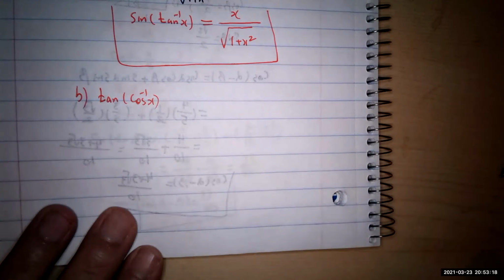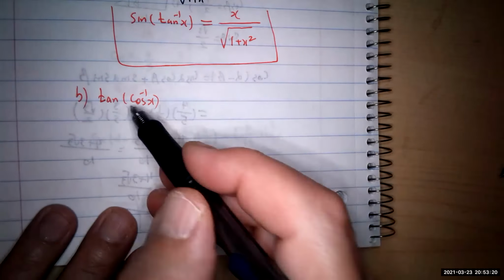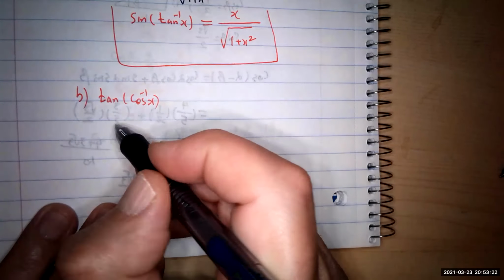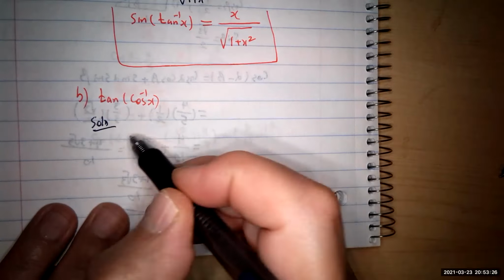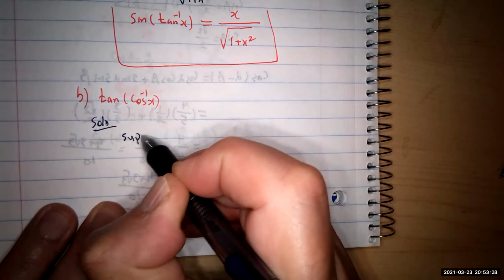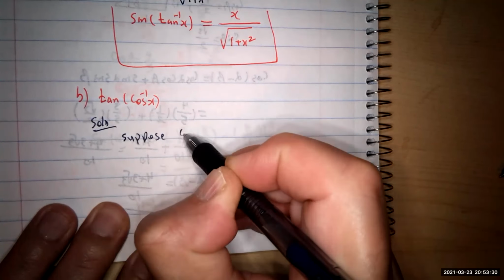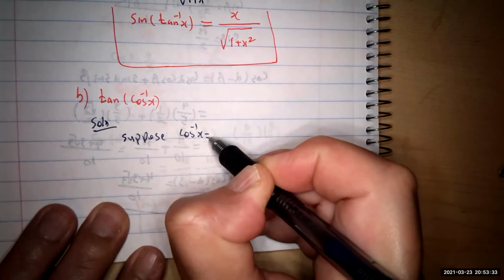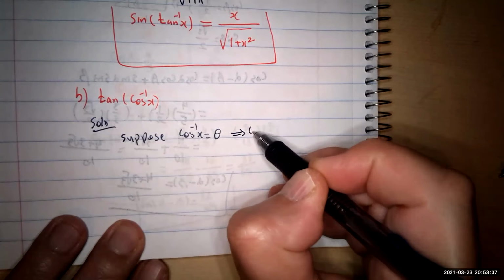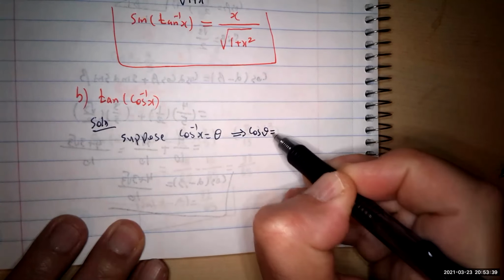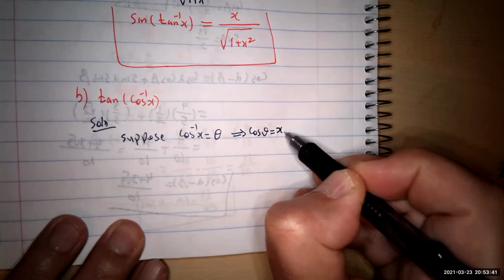So it's the same thing. We start with the cosine. So the solution is, you are going to suppose cosine inverse of x is equal to theta. Then you switch it. So that gives you cosine of theta is equal to x.